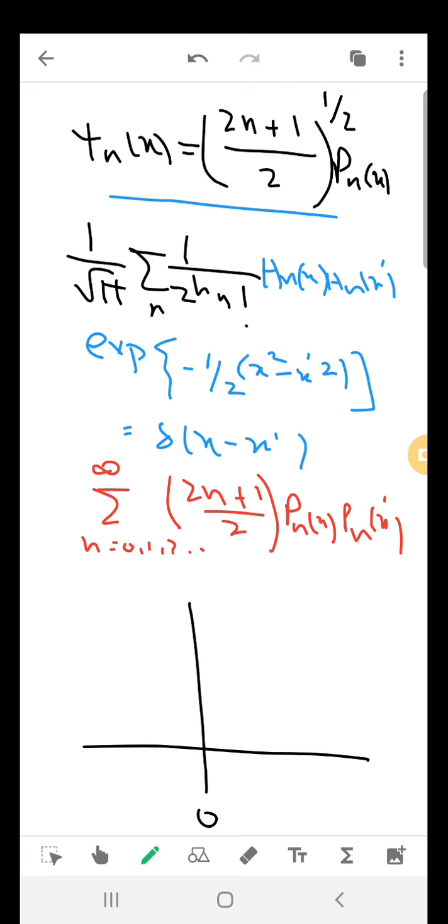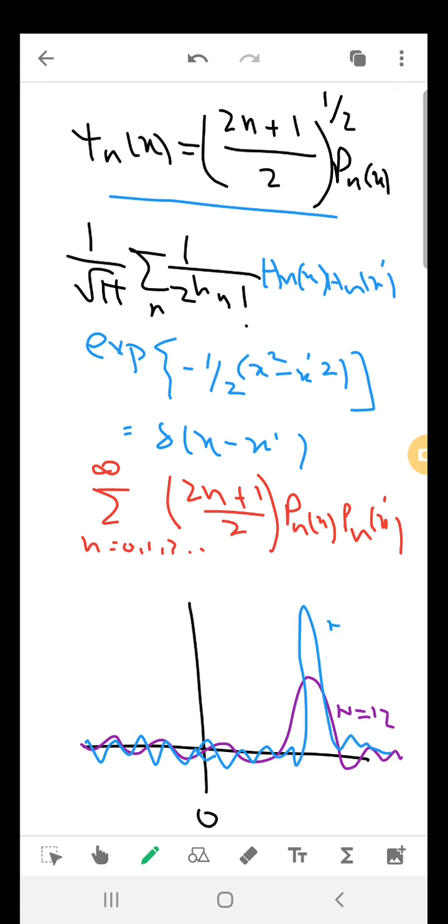This will be 0 and our function should be for n is equal to 12, and for a higher value of n, say 20, a much steeper one. So this is for n is equal to 20.